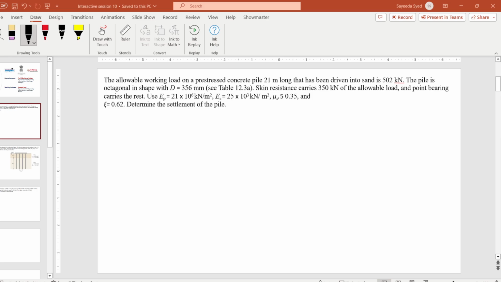As we have studied in class, there are three kinds of settlements in piles. We take total settlement as equivalent to S1, S2, S3, let's write E for this. So E1 is the elastic settlement of the pile material.